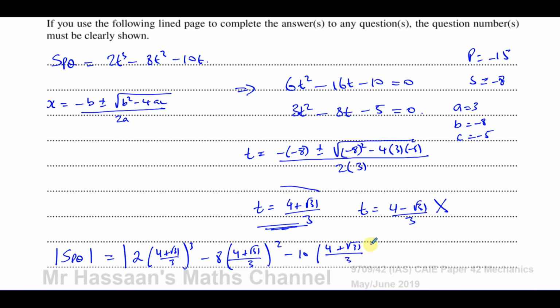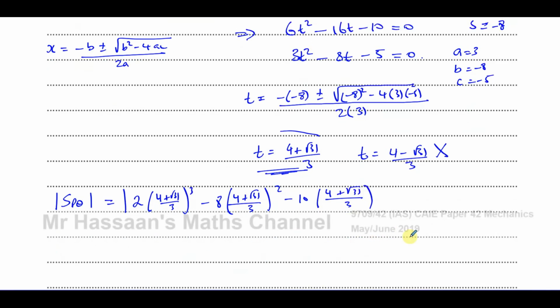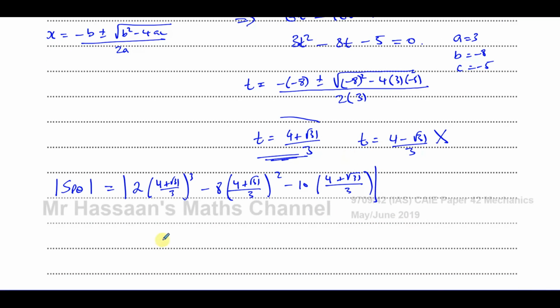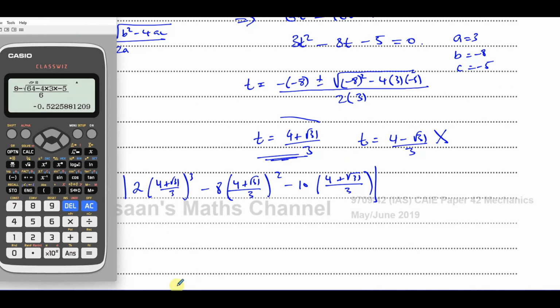So if I put this in my calculator, let's go back to this answer here. Okay, so this is now my answer. I'm going to now put 2 times the answer cubed, minus 8 times the answer squared, minus 10 times the last answer, and that gives my answer as minus 48.385, carries on.